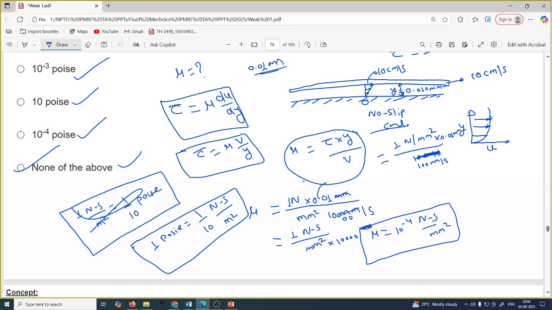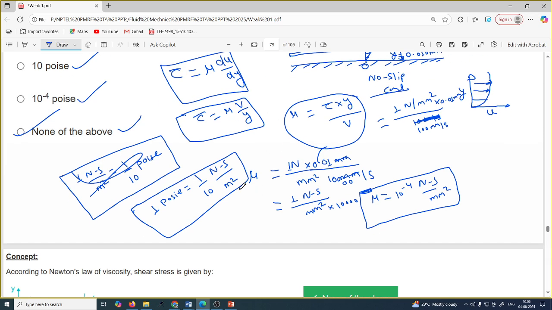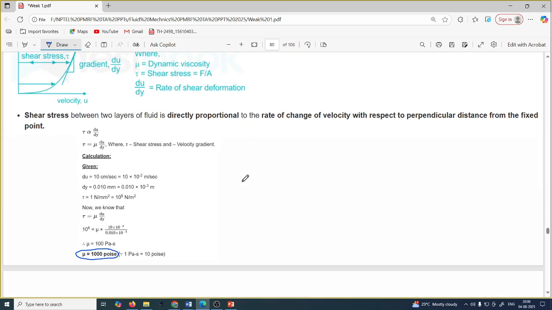Another thing is the managing of your units. How you will manage? As you can see here, your velocity first you convert in meter per second, dy also convert in meters, and tau also. So everything you will get in Newton, that is the Pascal second, means Newton per meter square second.